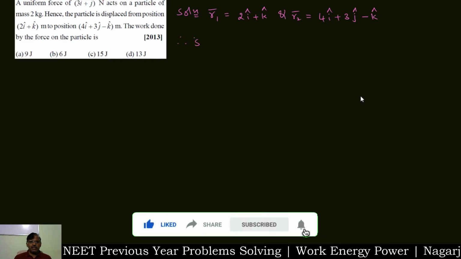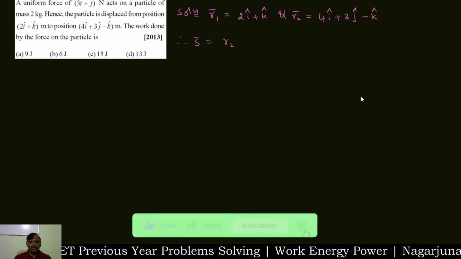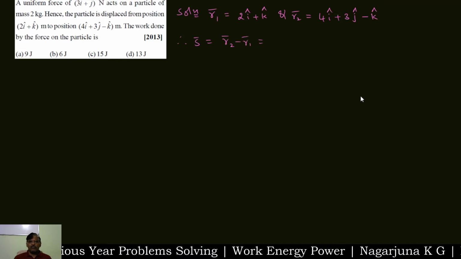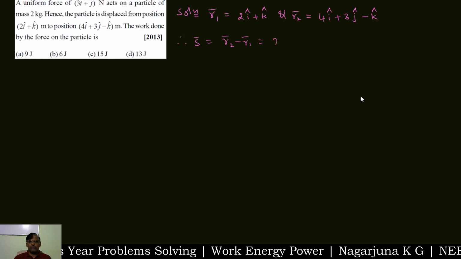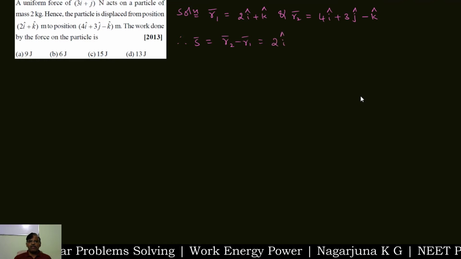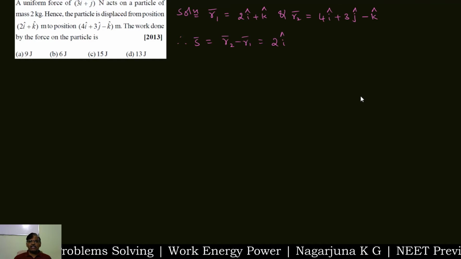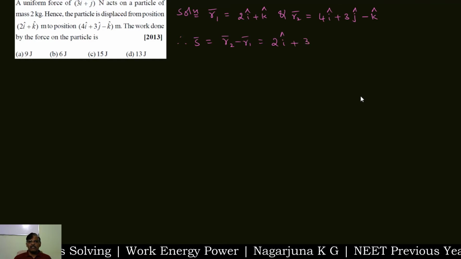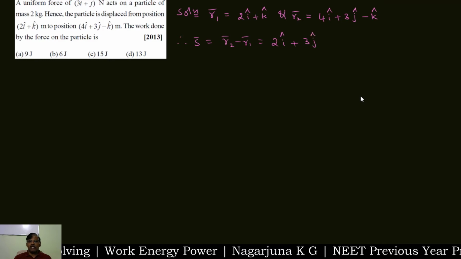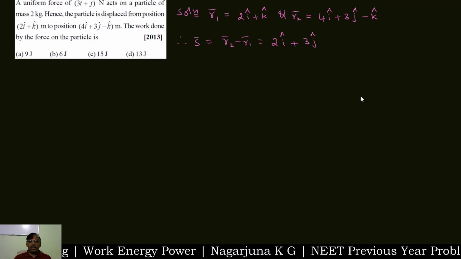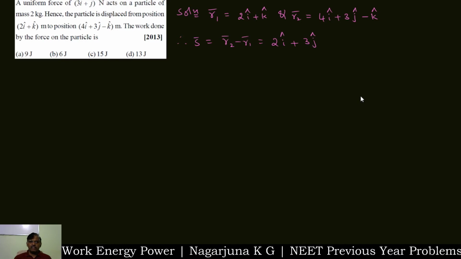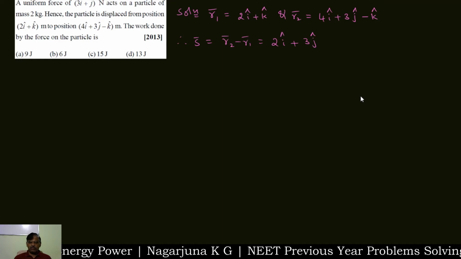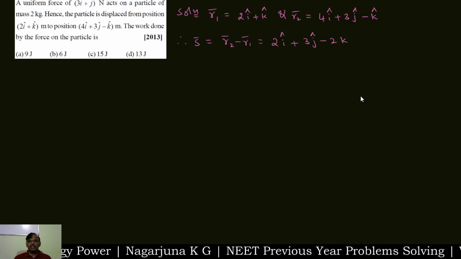Therefore, the displacement vector S bar is equal to R2 bar minus R1 bar, that is 4 minus 2 is 2i, and in the second vector 3j, the first vector has no j component, so we write it as it is, 3j cap. And for k, minus 1 minus of plus 1, so totally minus 2k cap.